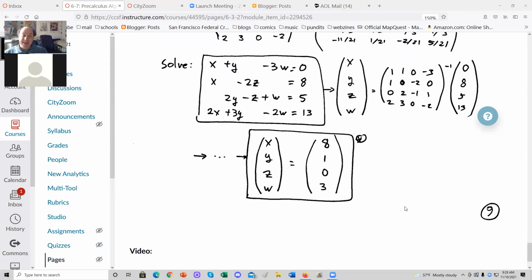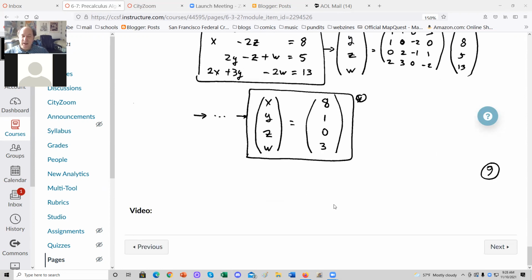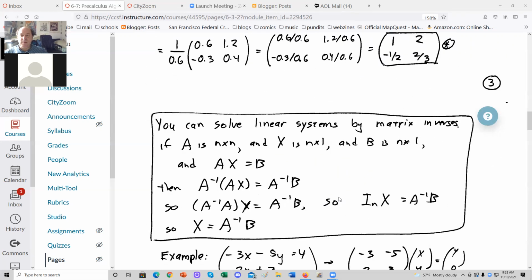And actually, if you jump to the calculator, then you might as well just enter this as a matrix, enter this as a matrix, then write down matrix inverse A, times B, and push the button, and this comes straight out. So that's how we can use matrix inverse to solve linear systems.